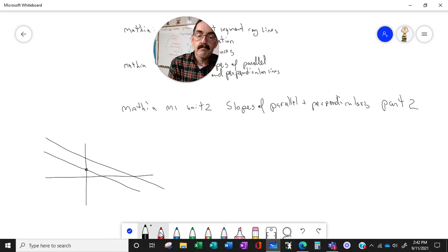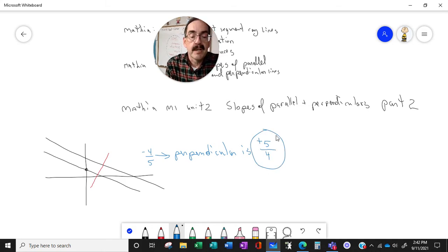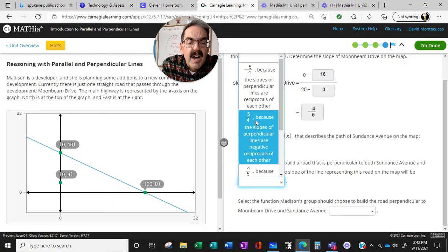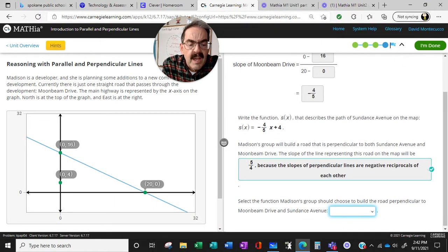If the first slope is -4/5, perpendicular is the opposite reciprocal. So flip it and change the sign: 5/4. Select the function that this describes.